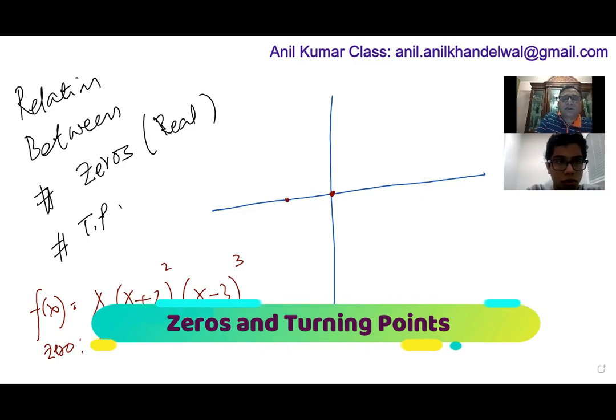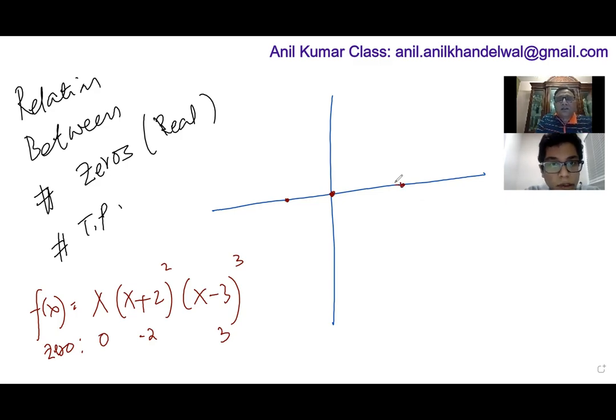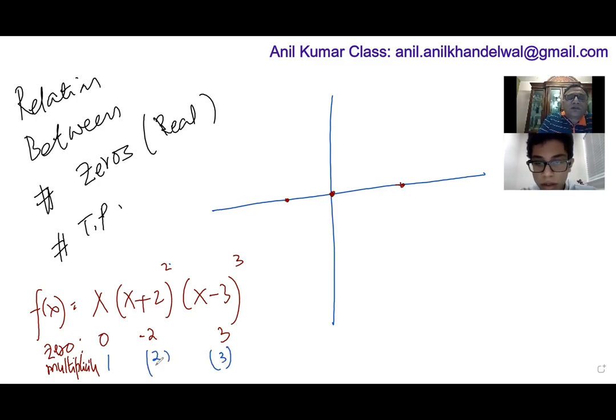The third one is at 3, right? Now let's look into multiplicity. What is the multiplicity of the zero at 0? 1. Here, you have to check the degree. 2. Here, 3.